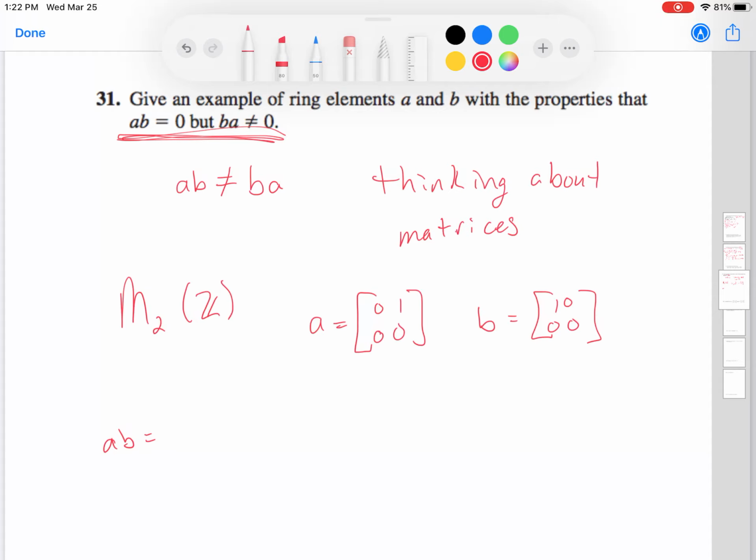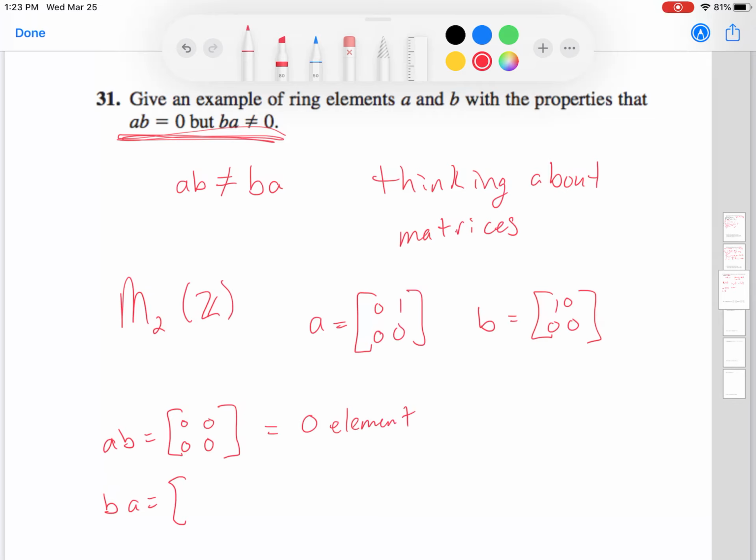So let's do AB real quick. What does AB equal? So rows times columns, 0 times 1 plus 1 times 0 is 0. 0 times 0 plus 0 plus 0, that'd be 0, 0, 0. So this essentially is our 0 element, that's our additive identity. And let's look at BA. What is BA equal to?